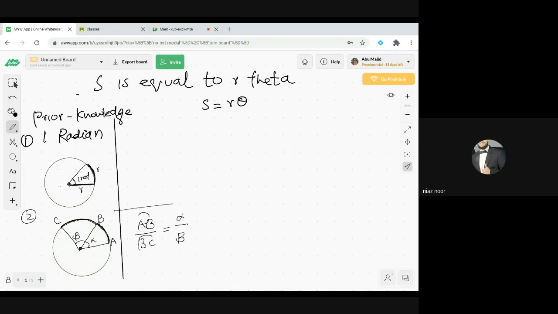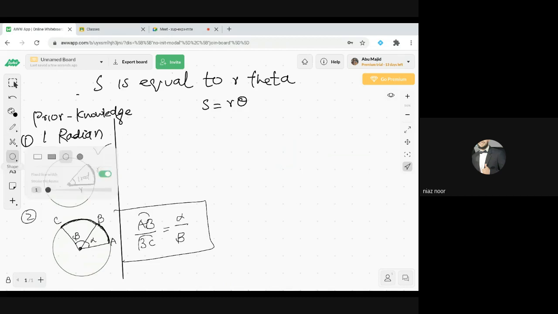So this is the second theorem that you should know. Firstly, we should know what is 1 radian. The second thing is this theorem that says the ratio between the arcs is always equal to the ratio between the angles subtended by those arcs in any circle.